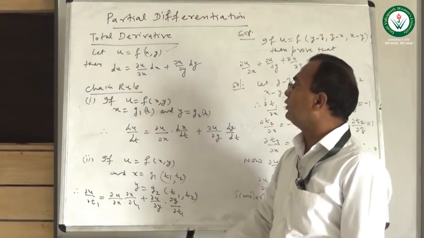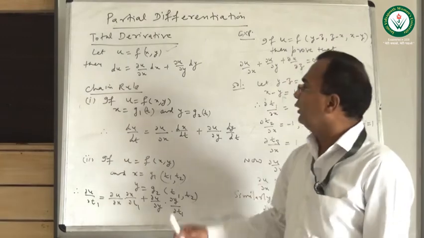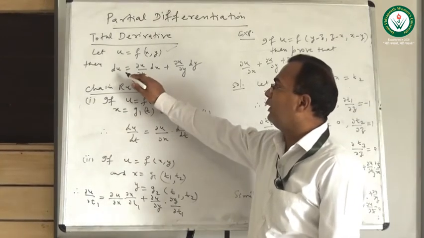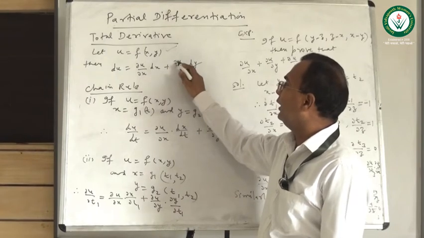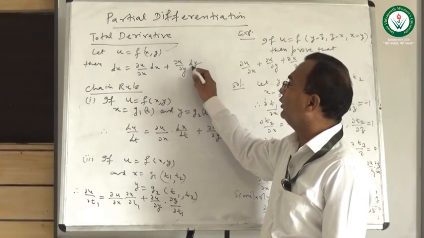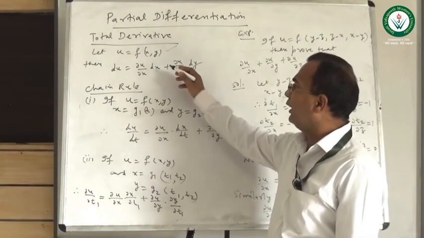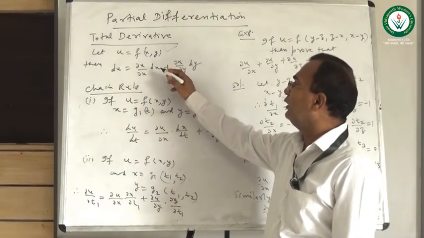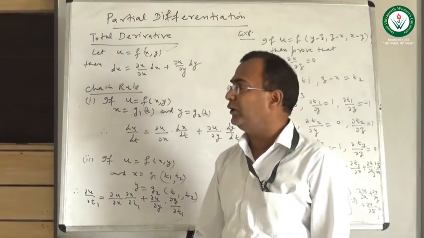The function u can be differentiated with respect to x and y both. So du, the total derivative, is given by del u by del x into dx plus del u upon del y into dy. That is the concept of the total derivative, because here the function u is a function of more than one variable, and it depends upon two variables here.